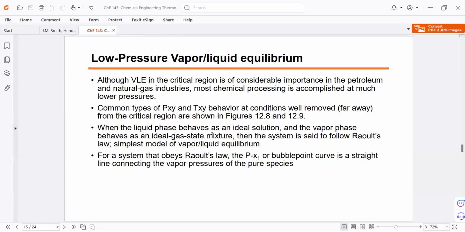All right. When the liquid phase behaves as an ideal solution and the vapor phase behaves as an ideal gas, then the system is said to follow Raoult's law.